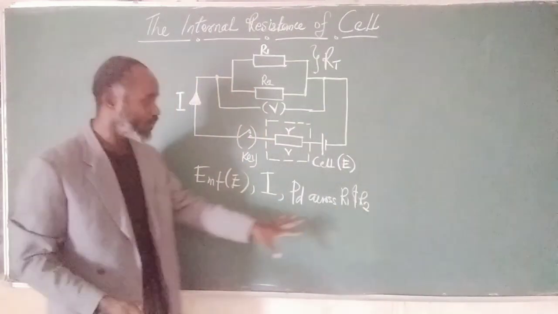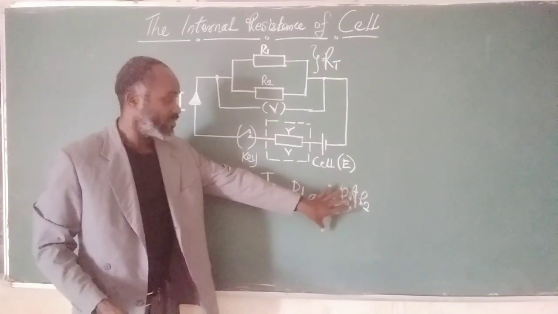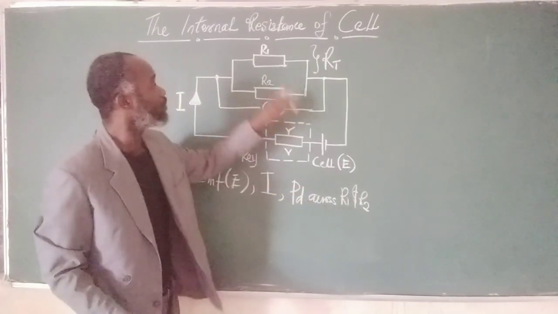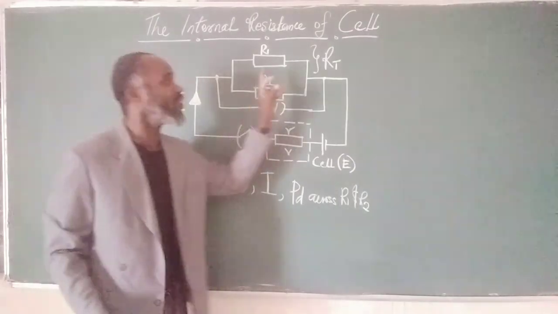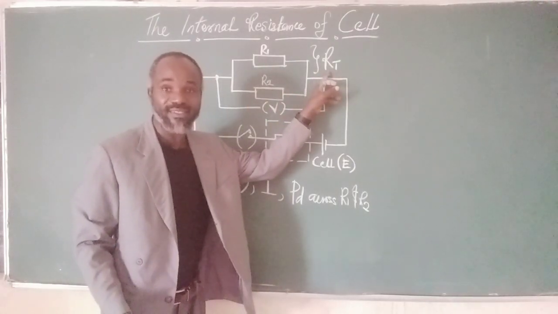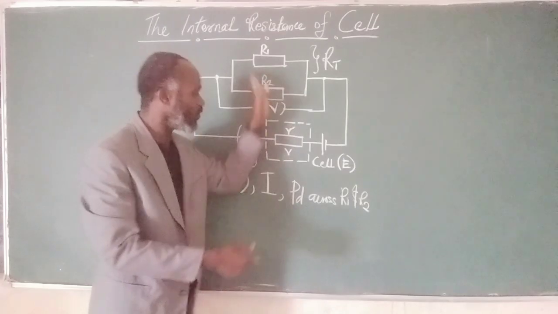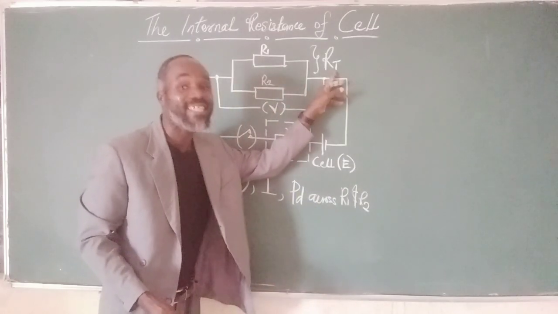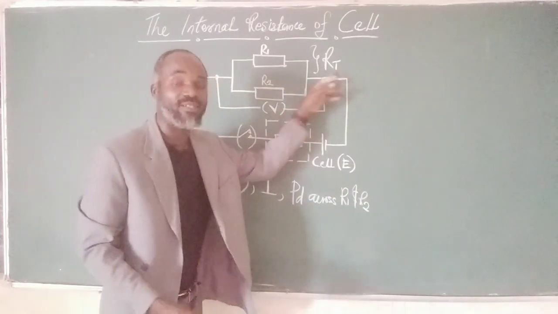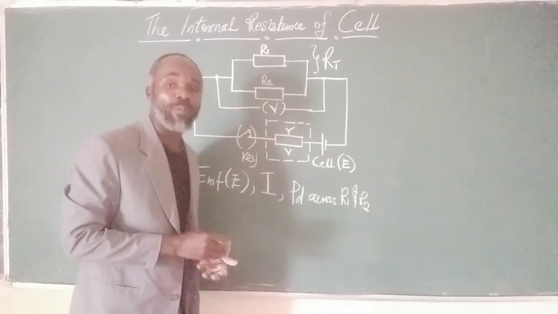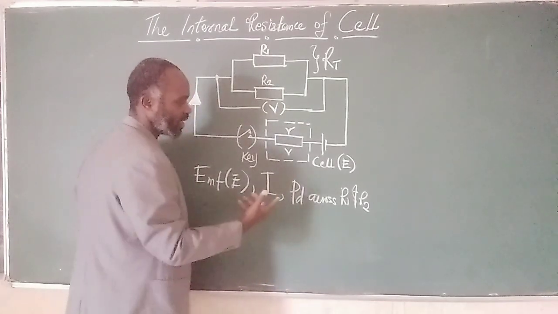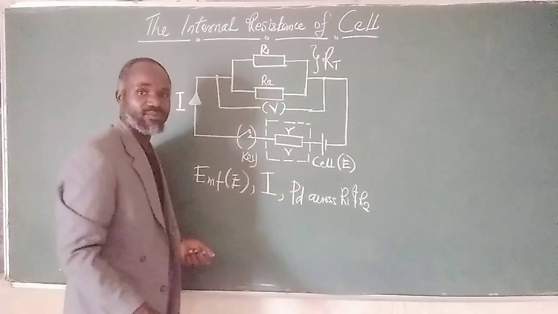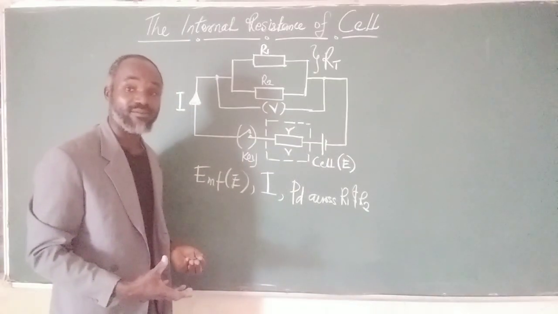By the time we take into consideration the parallel connection of R1 and R2, and then find the total resistance, we'll be referring to the two of them as RT, that is the total resistance of the external circuit, which is being supplied by current from the cell.